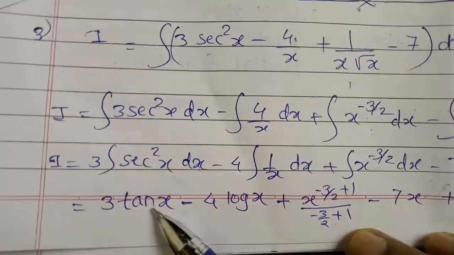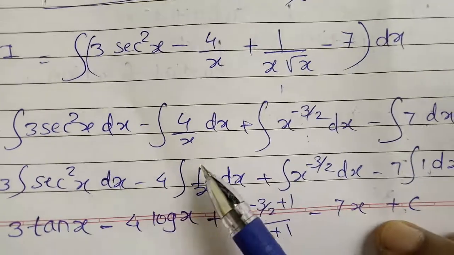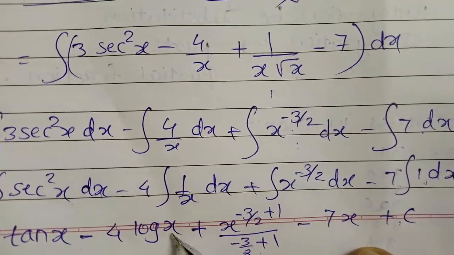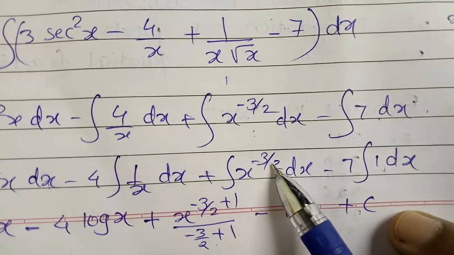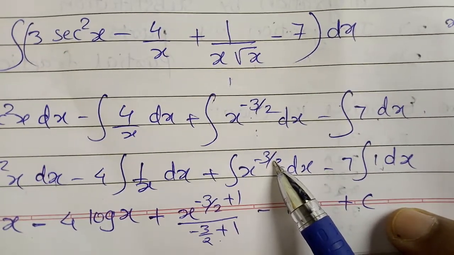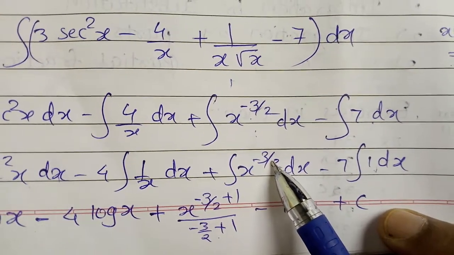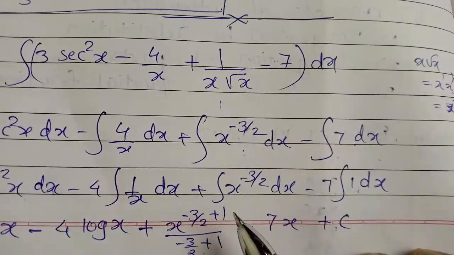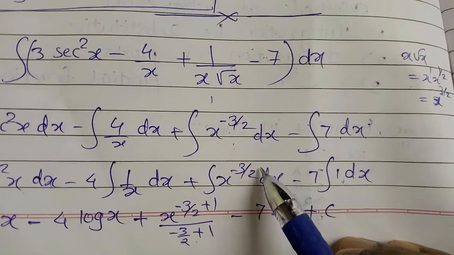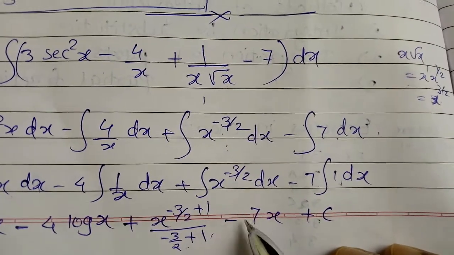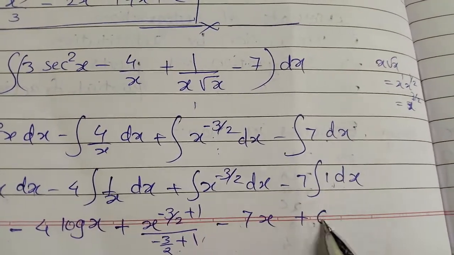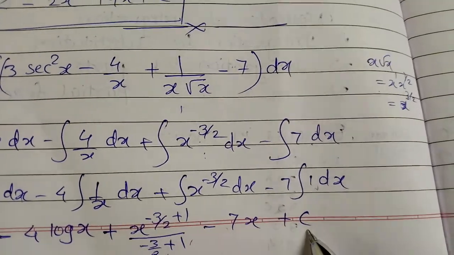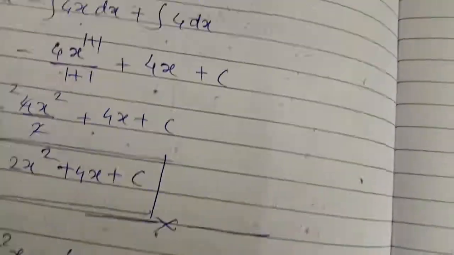So the integration of sec square dx is tan x, minus 4 times the integration of 1 upon x, which is nothing but log x, and here we have to apply the formula of x raised to n. So what is the integration of x raised to n? It is x raised to n plus 1 upon n plus 1. So using this formula, that is minus 3 by 2 plus 1 upon minus 3 by 2 plus 1, minus 7, and the integration of 1 dx is x, and the constant c.